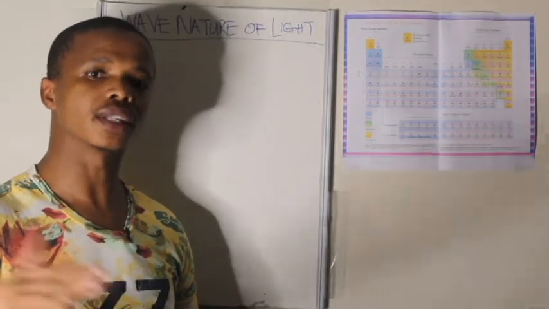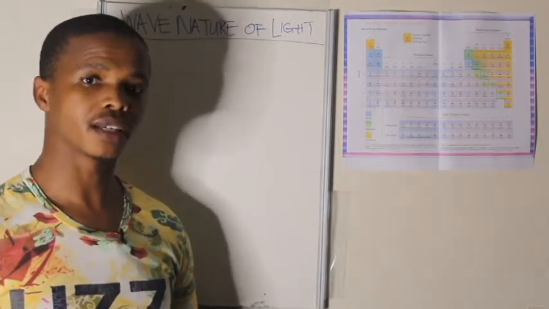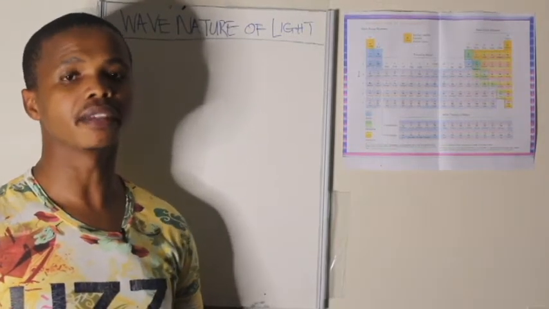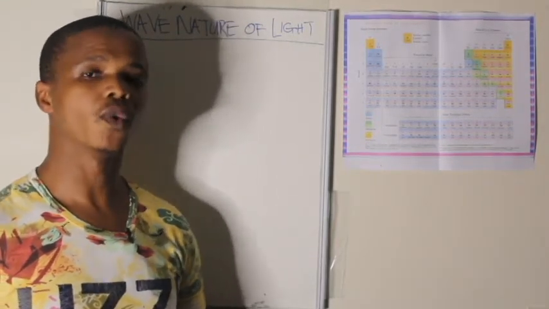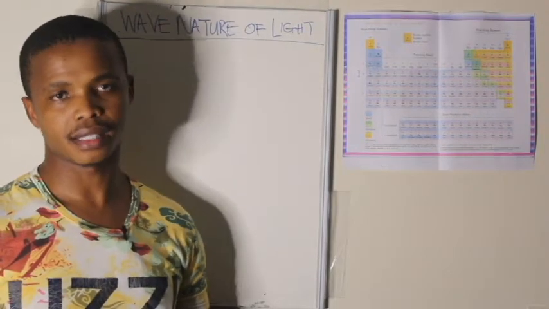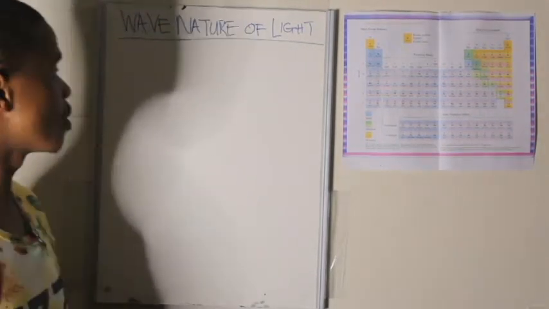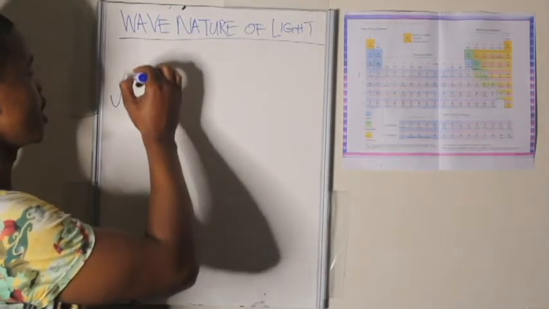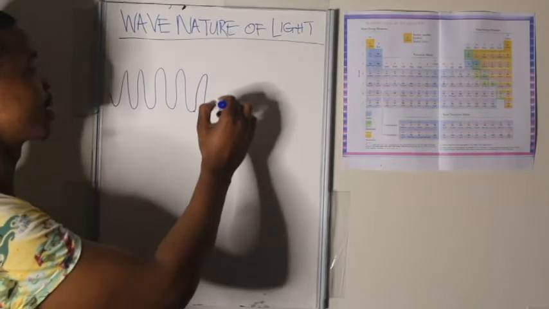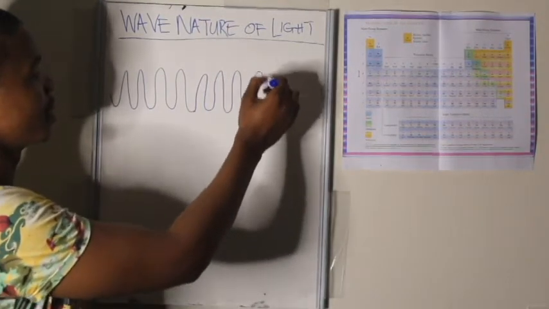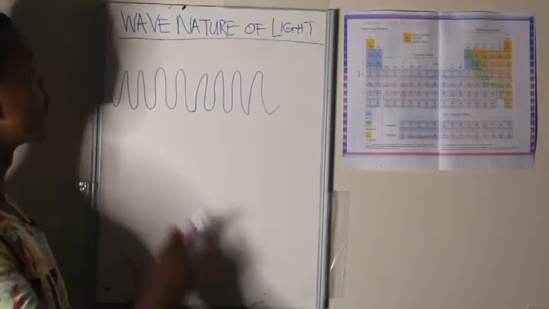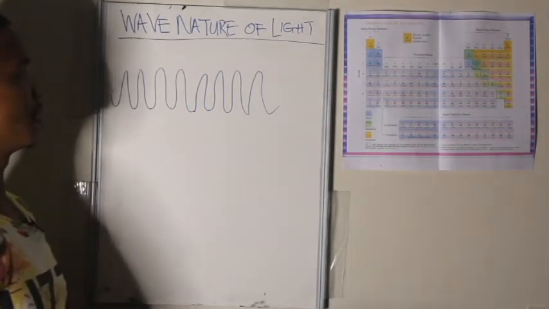There are oscillations that occur, or a continuous repeating change in a physical field. So light as well, it occurs as a wave. It consists of oscillations in electric and magnetic fields. So light is a wave.